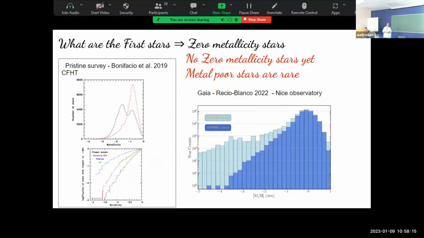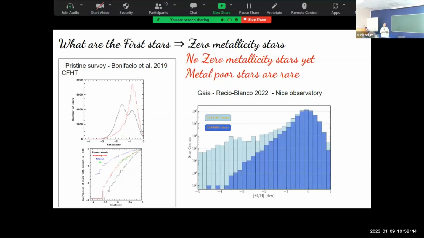And maybe JWST should be able to detect them. For example, JWST doesn't have the sensitivity to detect first supernovae, but if it is a pair instability supernova, which has very high energy, I think 10^53 or 54 erg, we should be able to detect it with JWST. Metallicity here is anything above carbon, right? Or, okay, here I'm using, it's a little bit confusing, I'm using mostly iron as a metallicity indicator.